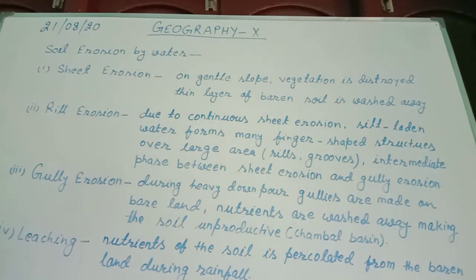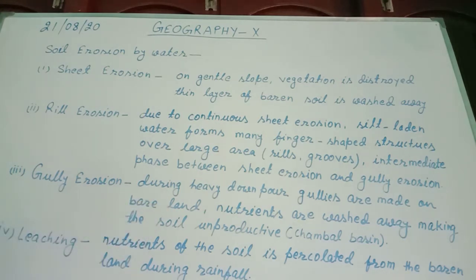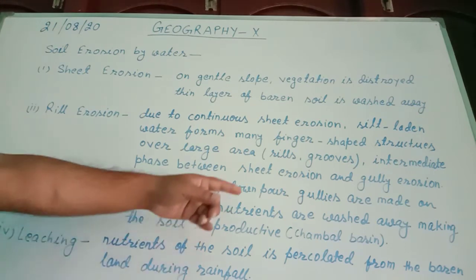In this, nutrients are washed away, making the soil unproductive. Let us try to understand gullies again: the channels of running water are prepared by heavy downpour, through which nutrients are washed away, making the soil unproductive. This type of erosion we find in the Chambal Basin.